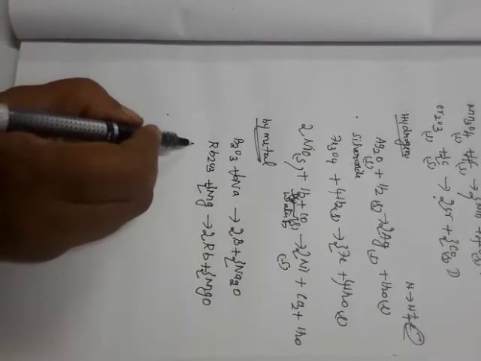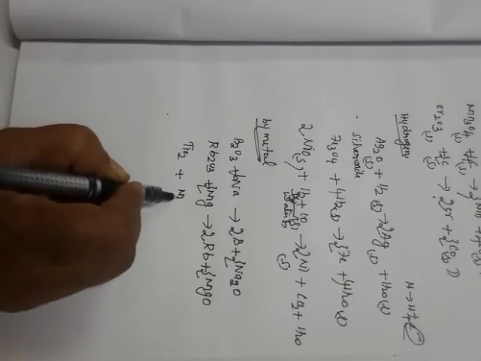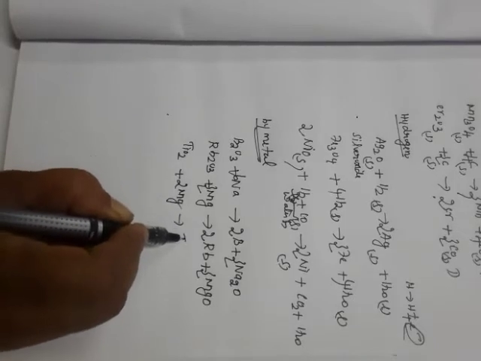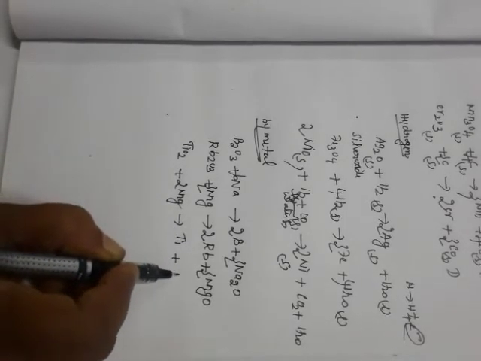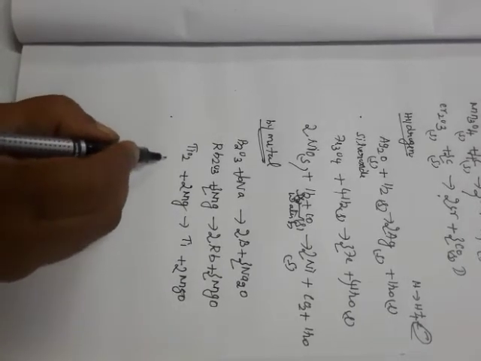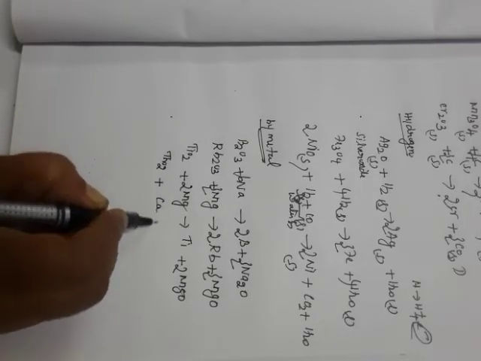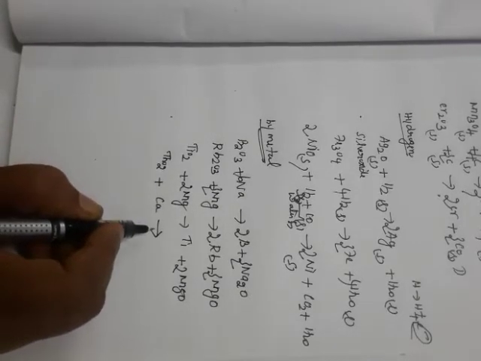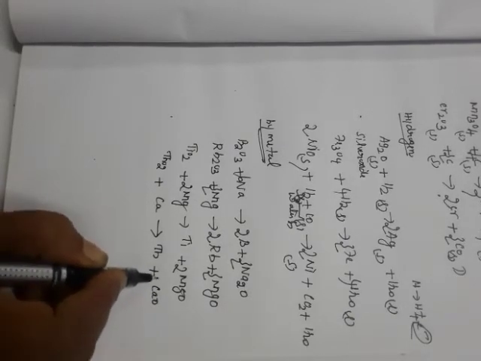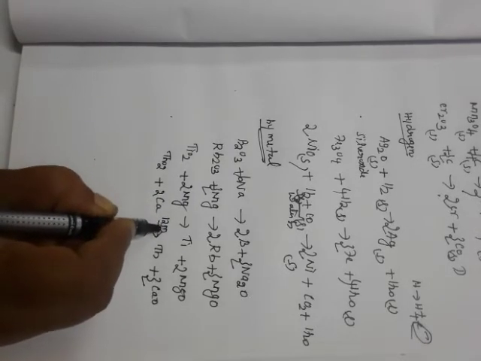similarly, titanium oxide, TiO2, in the presence of magnesium, an active metal as reducing agent, forms titanium and magnesium oxide. Similarly, thoria, ThO2, with calcium as a reducing agent, forms thorium and calcium oxide at 1250 Kelvin.